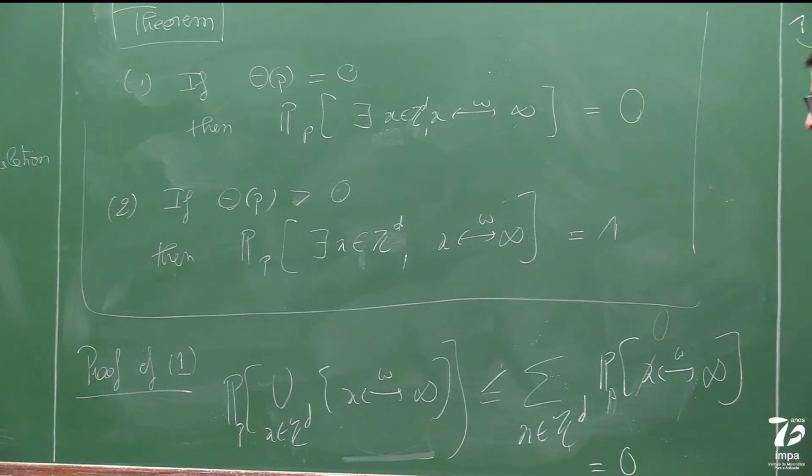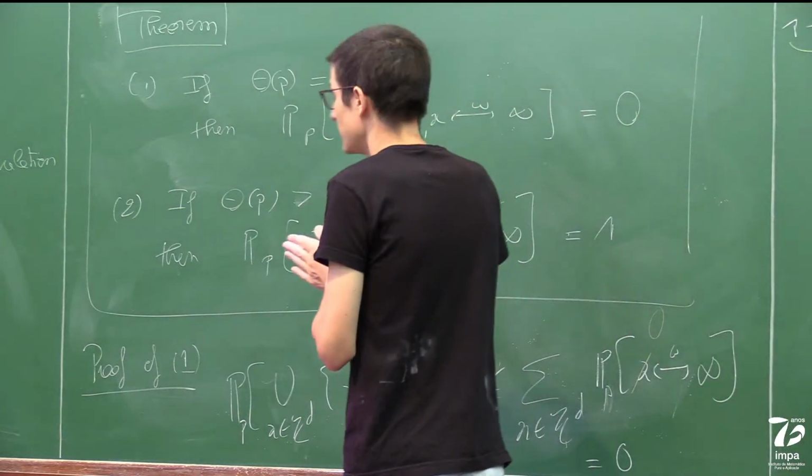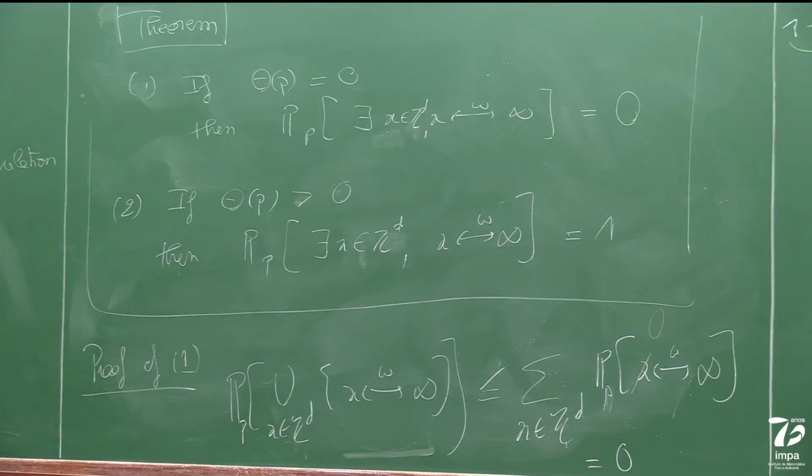So if the origin is connected to infinity with 0 probability, then no vertex is connected to infinity with positive probability. Then with probability 1, all the percolation clusters are finite.